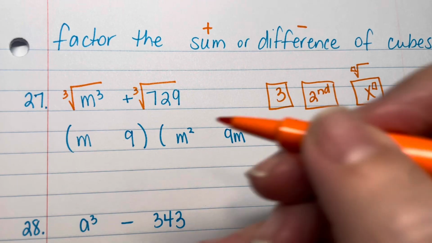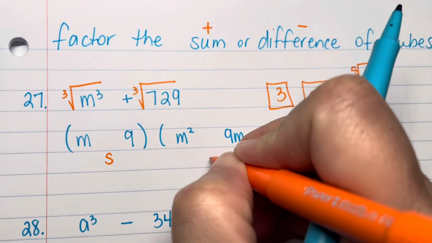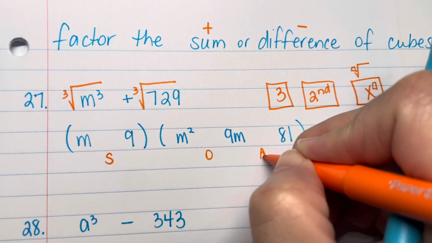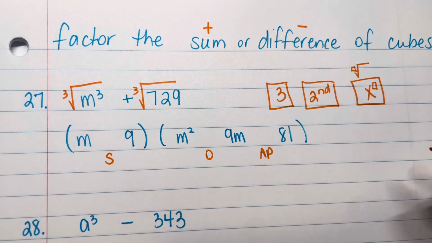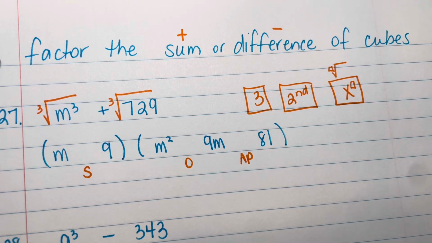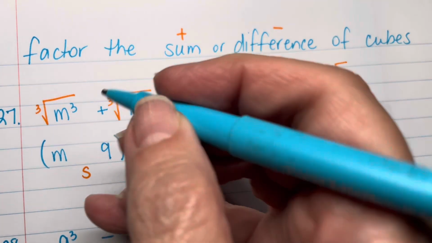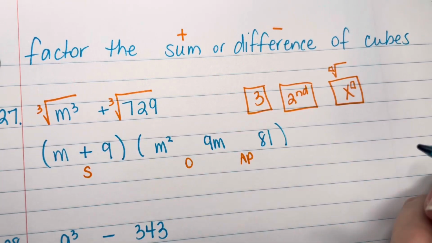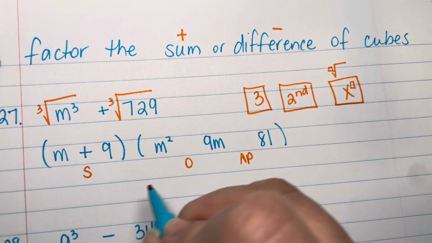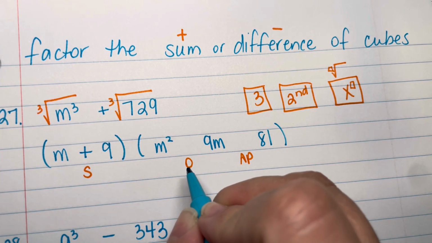Now we're going to use SOAP. S-O-A-P, which stands for same sign. That is an addition. We're going to do the same sign. The O in SOAP stands for the opposite sign.